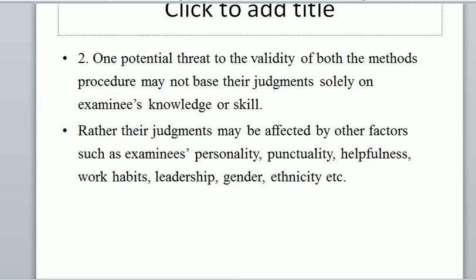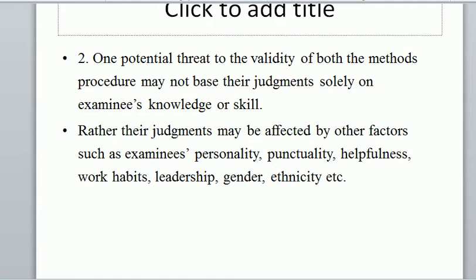It means their decision does not solely depend upon the examinee's knowledge or skill.